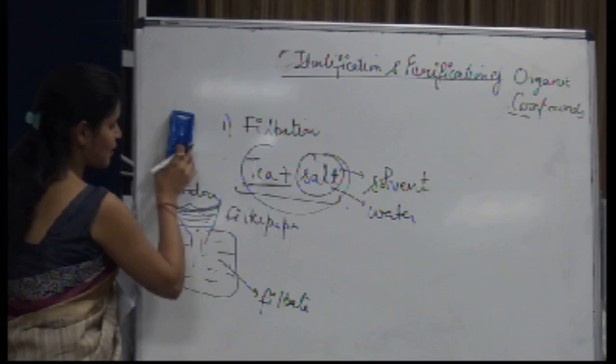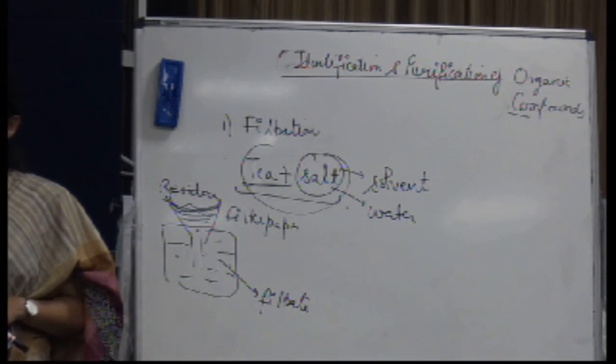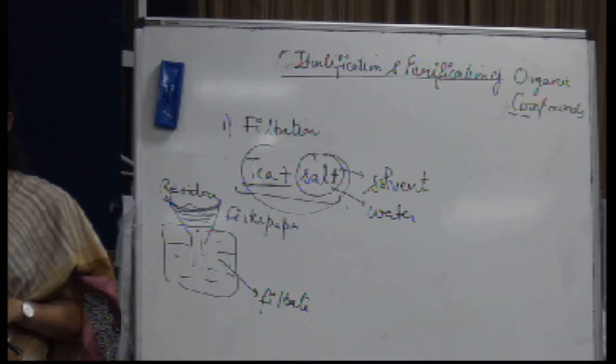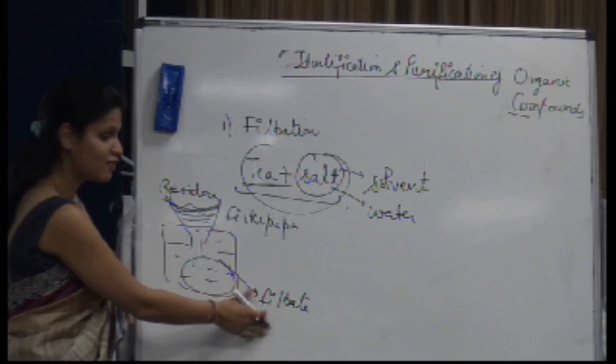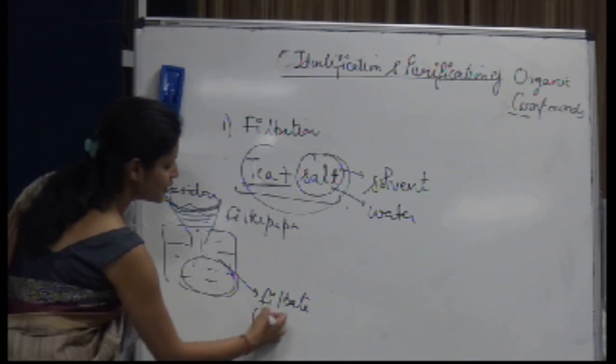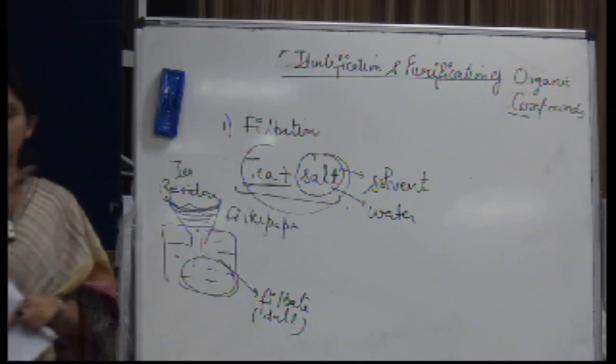I can separate the component from the filtrate by evaporation. I'll evaporate water and I'll be left with salt. In the residue, I'll be left with tea. This was a general example.